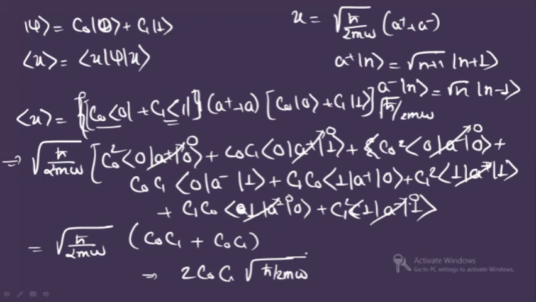Now what was asked in the question? For what value of C naught is the expectation value of x maximum? We have to see that. For the expectation value to be maximum, C naught C1 must be maximum.